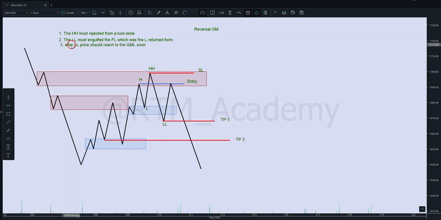You see guys, in our schematic, price reaches our QM level soon.